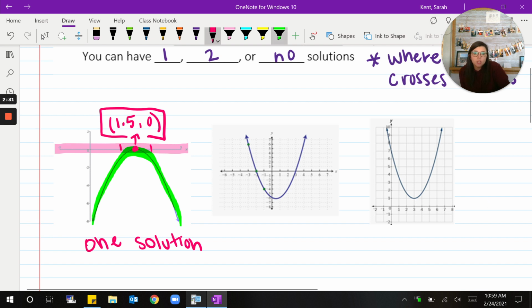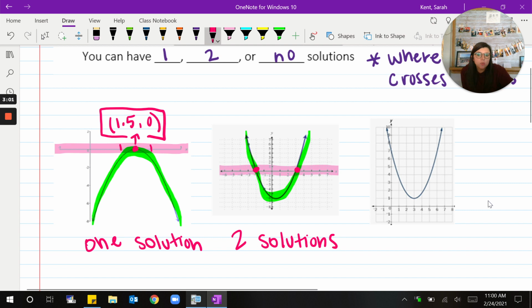If we look at number 2, again, my x-axis goes side to side, and our line is the curve. So here is that curve. And if we look, we can see it crosses 2 times. So that green curve crosses the x-axis 2 times. So that means we will have 2 solutions.